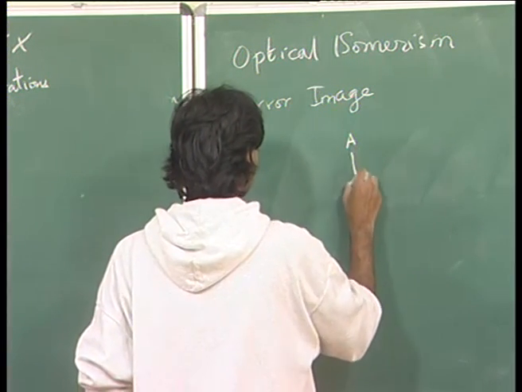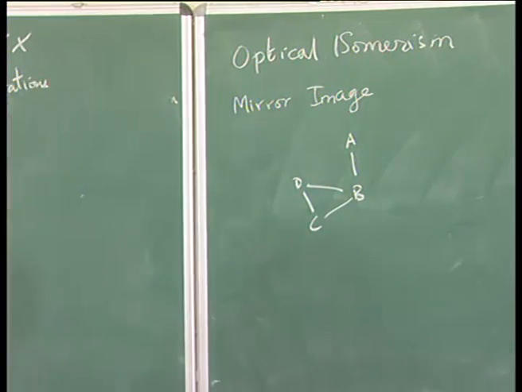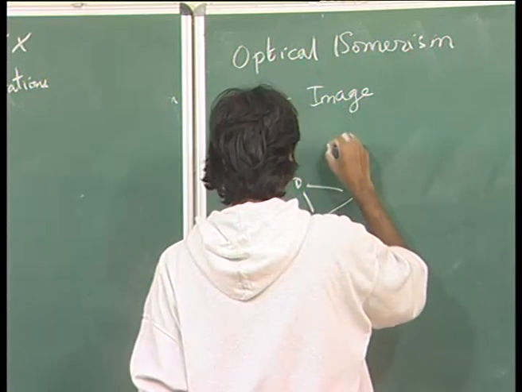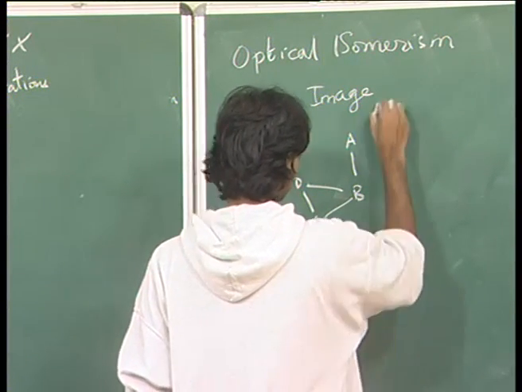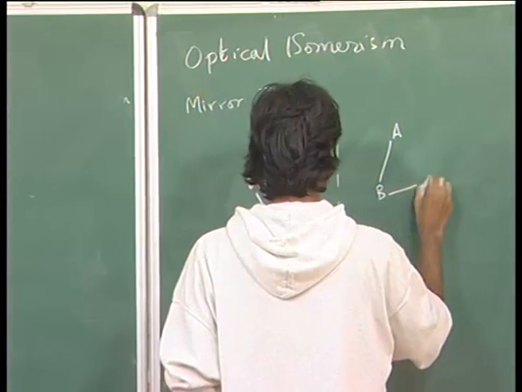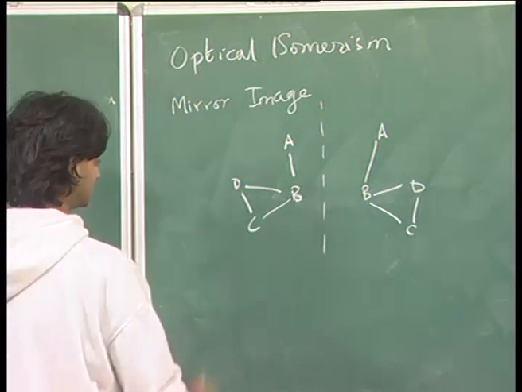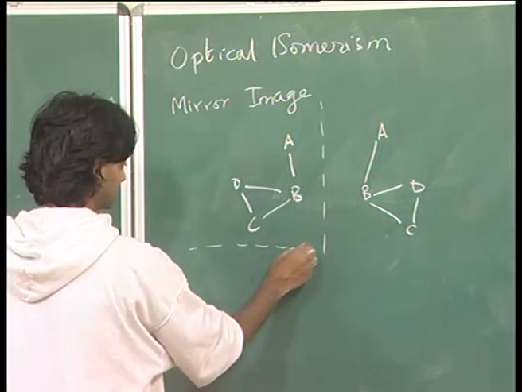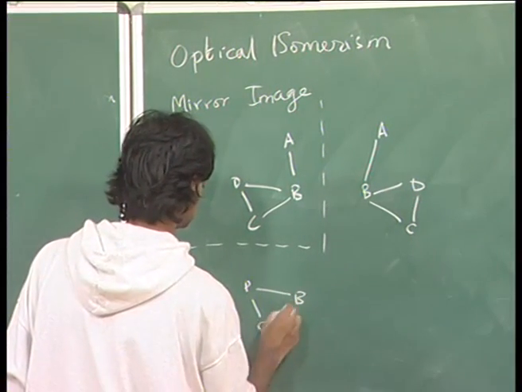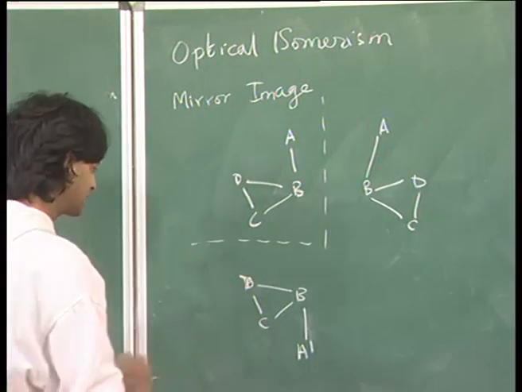Suppose I consider a molecule of this form, A, B, C, D. I can reflect it about a plane like this to get B, A, D, C. Also, if I want, I can reflect about a plane that is this way, and then I will get something that looks like B, D, C, and A. I can reflect it about any other plane.